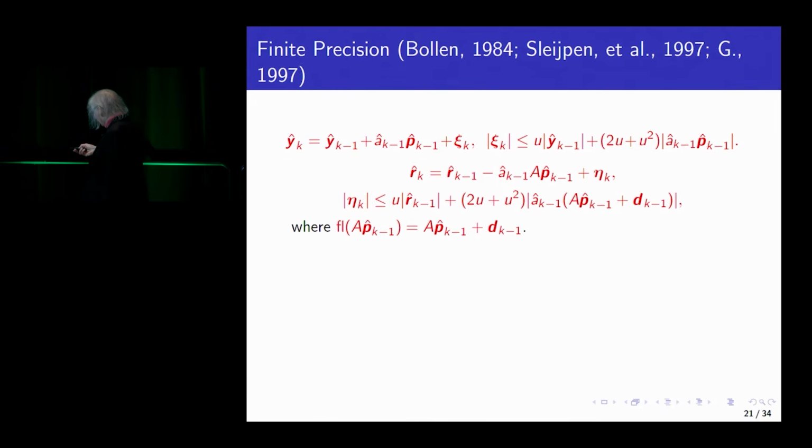But the interesting thing is that the error you make here is small compared to the size of rk minus 1 and also a pk minus 1, but pk minus 1 is usually closely related to rk minus 1. So the point of this is that when you update this rk, as rk gets smaller, the error terms get correspondingly smaller.